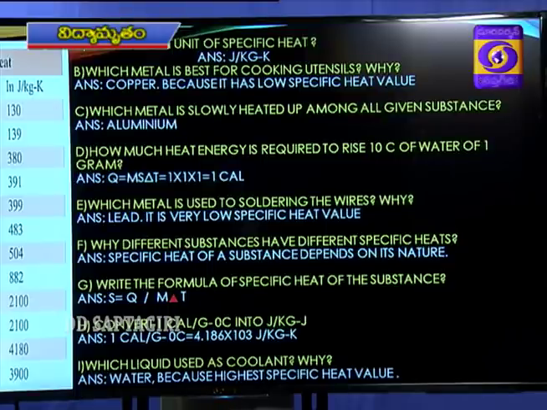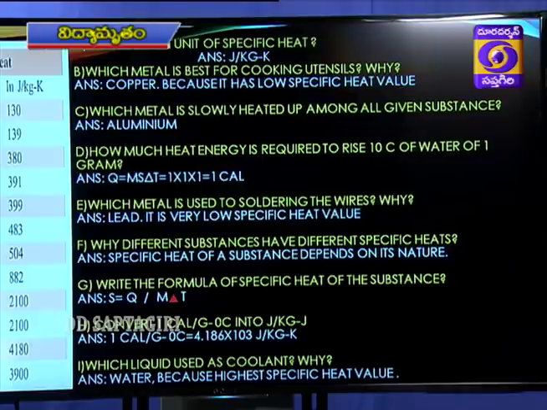Now the next question, how much heat energy is required to raise 10 degrees of water of 1 gram? Already we discussed this one, only we are raising the temperature but not changing the state.